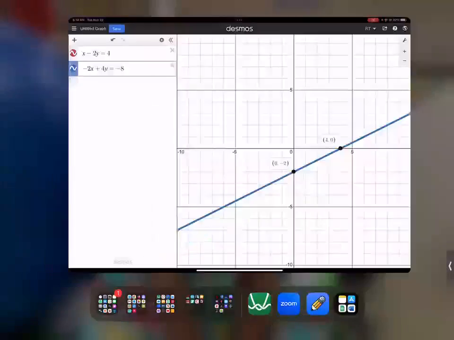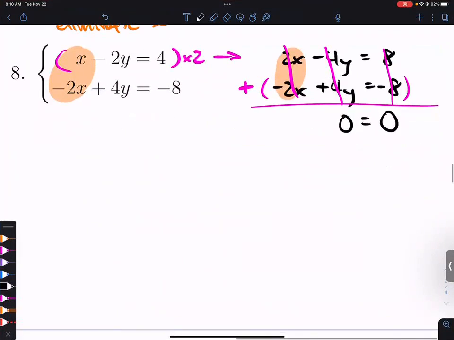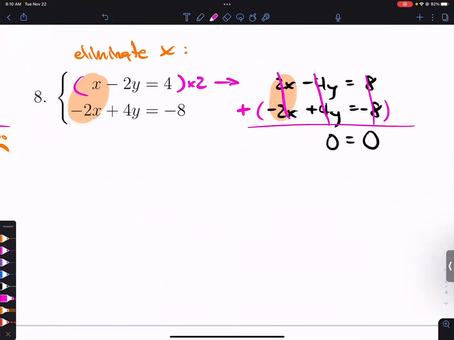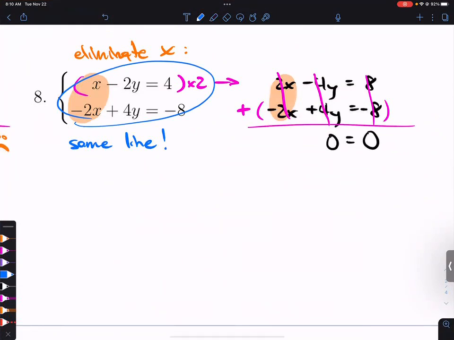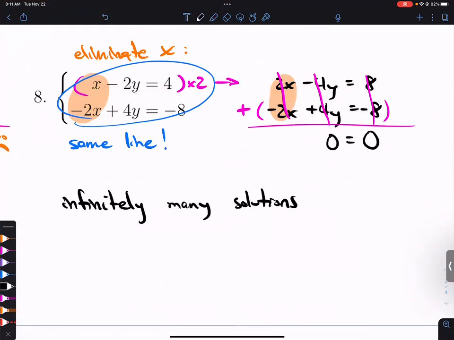So what we do here, so these are the same line, which means that there are infinitely many solutions. To handle the fact that there are infinitely many solutions, but they're still kind of specific points, right?